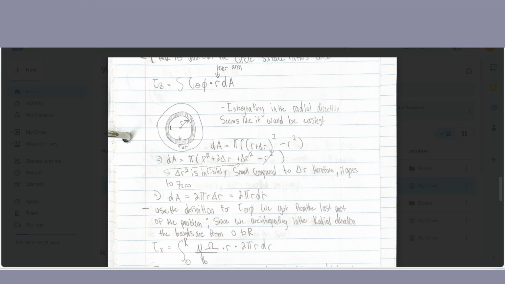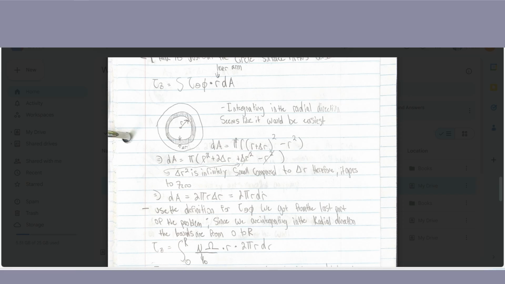So this is the surface and this is a differential area. You go to here, that's a radius of r, and then you go to here, a radius of r plus delta r, to find the differential area. It's just this large circle excluding the interior circle.